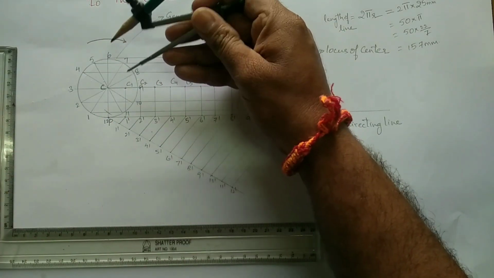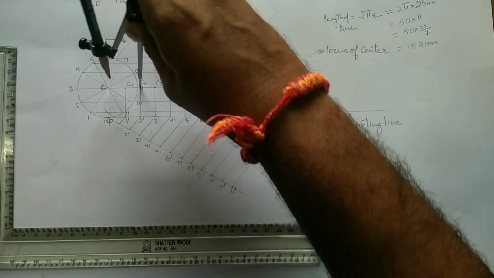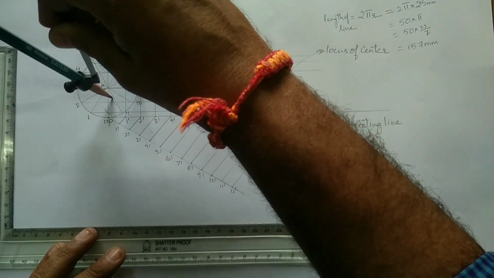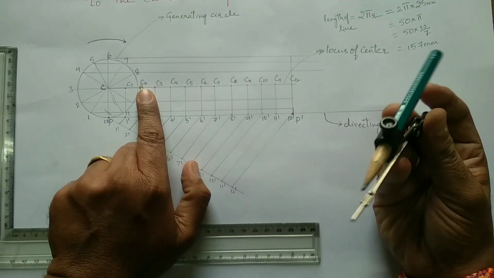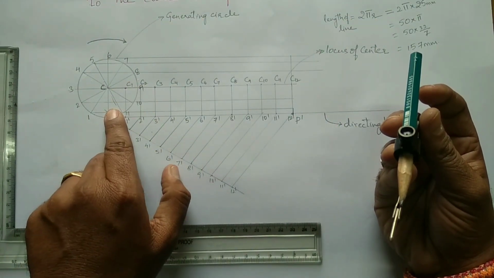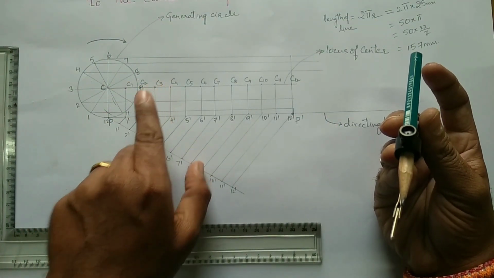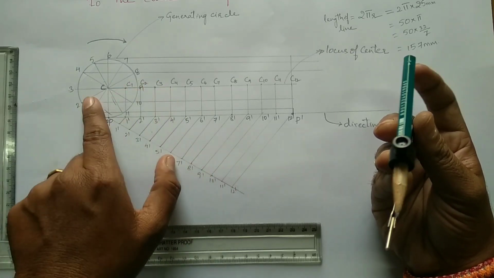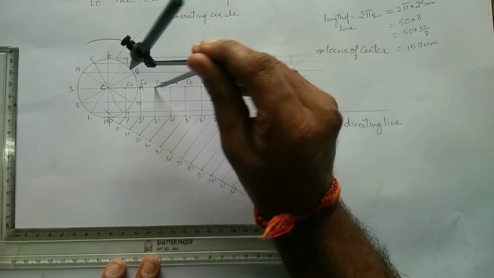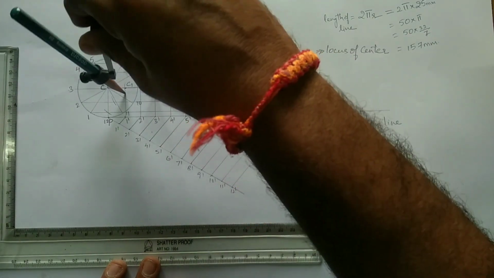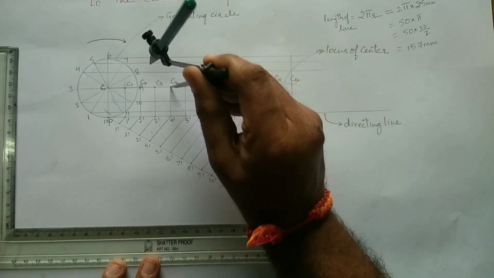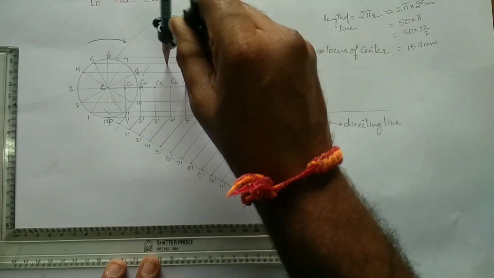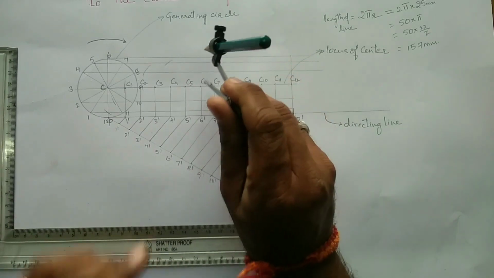Next, without disturbing the radius of the CP length, C2 as a center, cut the arc on the second line. Whichever you are taking as the center, on that line you have to cut the arc. Suppose C2 as a center, second line. C3, third line. C4, fourth line. C5, fifth line.